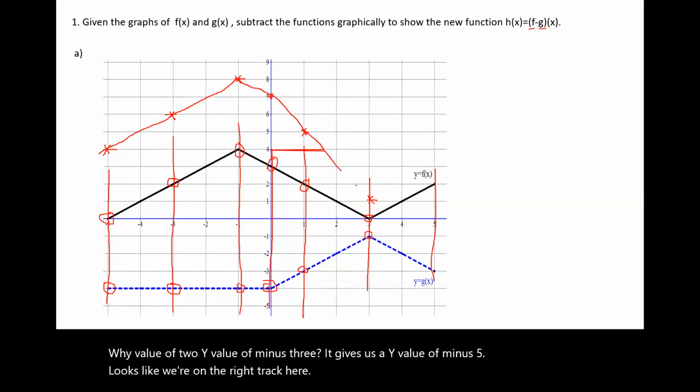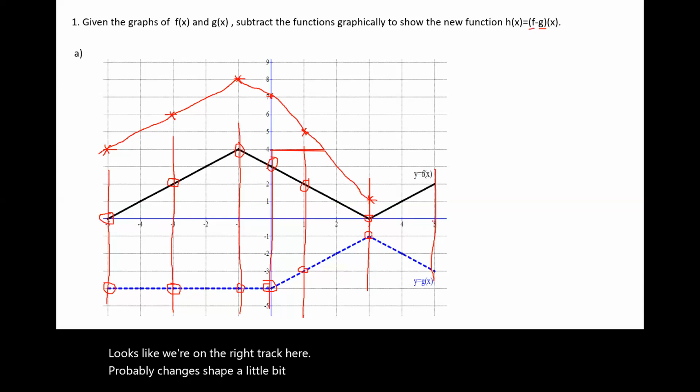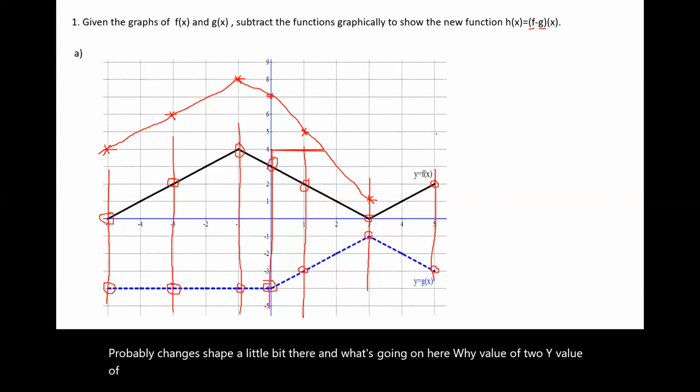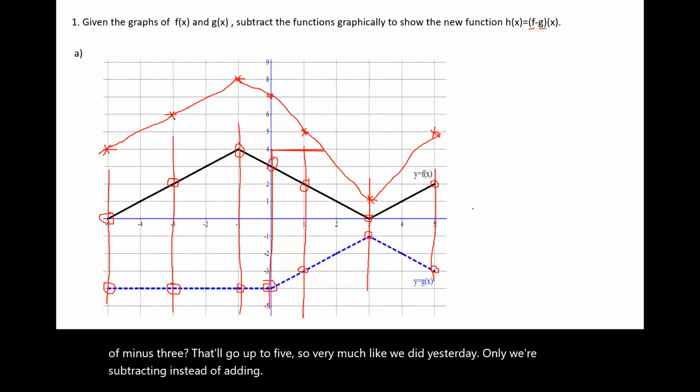Probably changes shape a little bit there. And what's going on here? Y value of 2, y value of -3. That'll go up to 5. So very much like we did yesterday, only we're subtracting instead of adding. So you can do that.